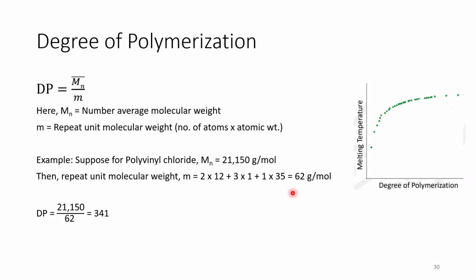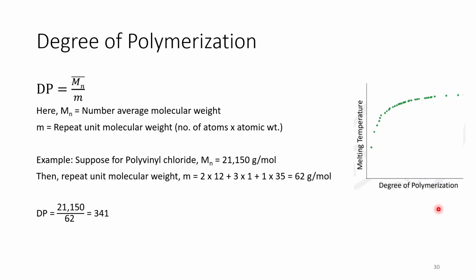For example, in PVC, if you have the weight given as 21,150 grams per mole, you can easily calculate the weight of the repeating unit of PVC. Using one chlorine atom and some carbon and hydrogen atoms, you find out it is 62 grams per mole. So you divide this into the entire molecular weight and you find out there are 341 repeat units in the chain.